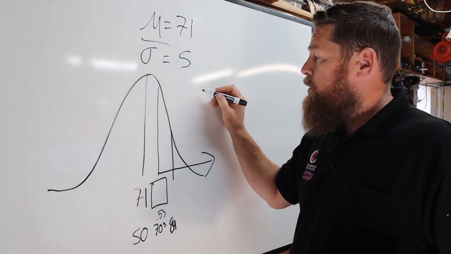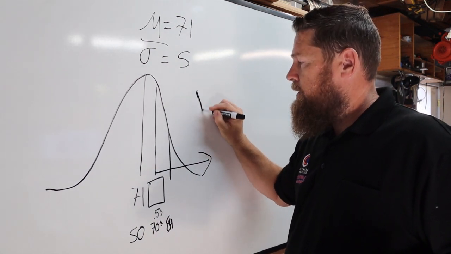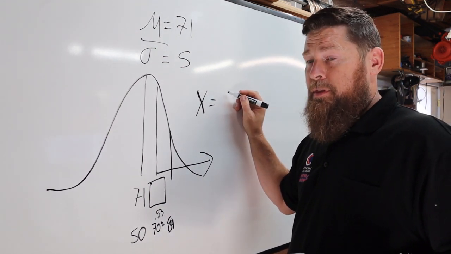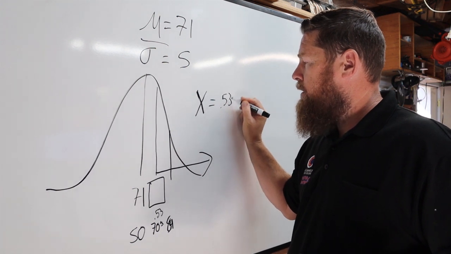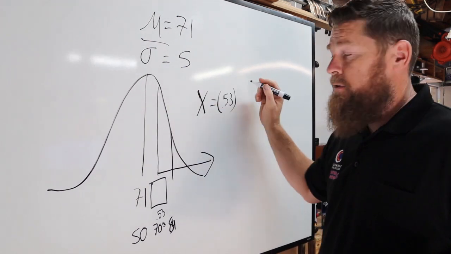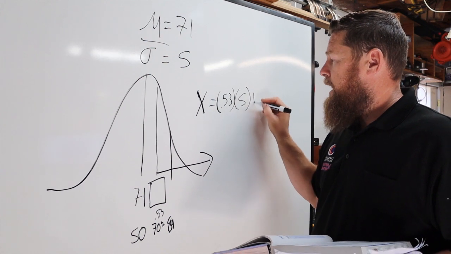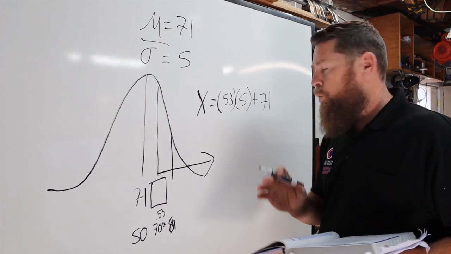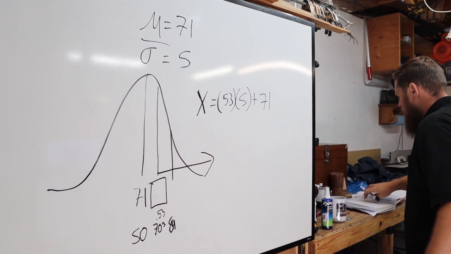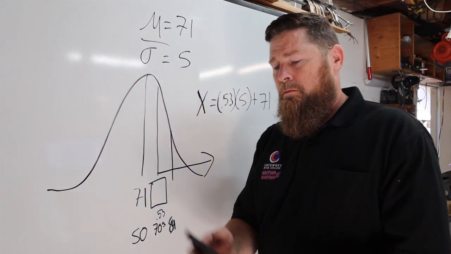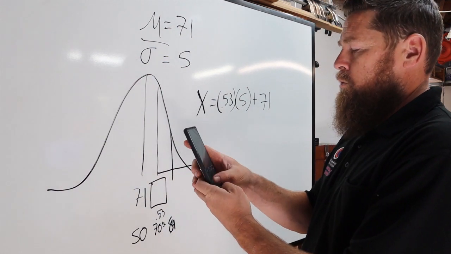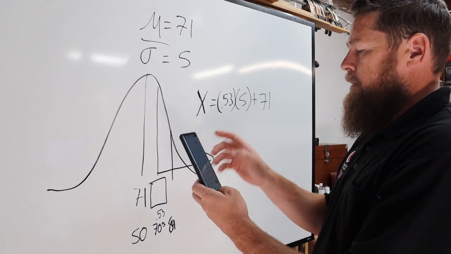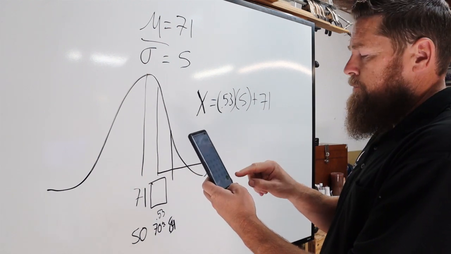So if I want to know what that x is, the raw score, I'm going to take the z, 0.53, multiply that by the standard deviation, 5, and add to it the mean of the group. That's going to tell me what score I need to get to. So we'll go to the calculator and we'll say 0.53 times 5, order of operations.